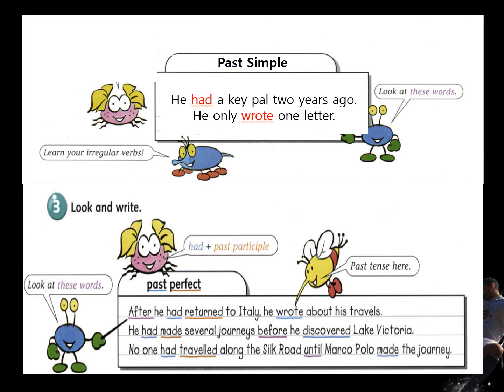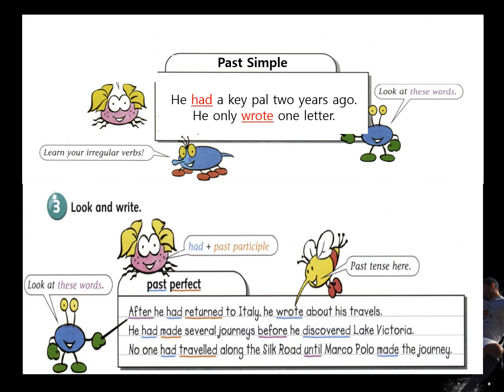The past perfect tense of the verb in this sentence has the auxiliary verb had and the past participle returned. And on the other part of the sentence, it uses the past simple form of the verb, which is wrote.